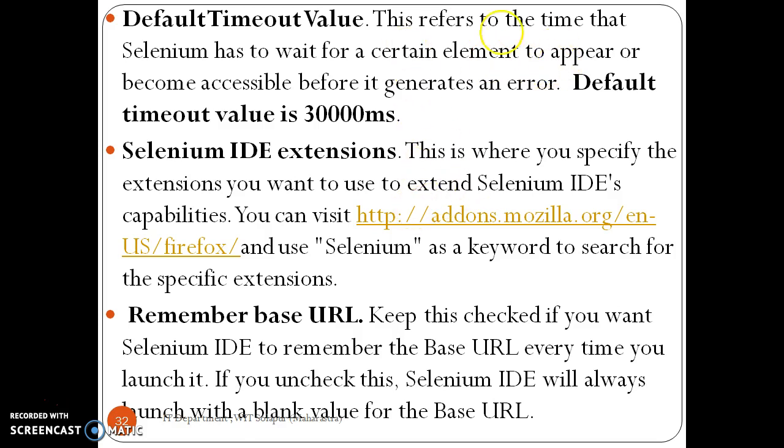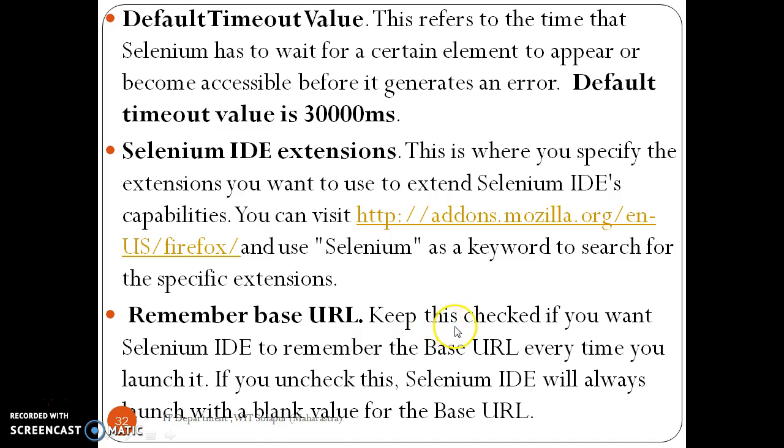Selenium IDE extension is where you specify the extensions that you want to use to extend the Selenium IDE's capability. You can visit this particular link and use Selenium as a keyword to search for specific extensions. Then remember base URL.